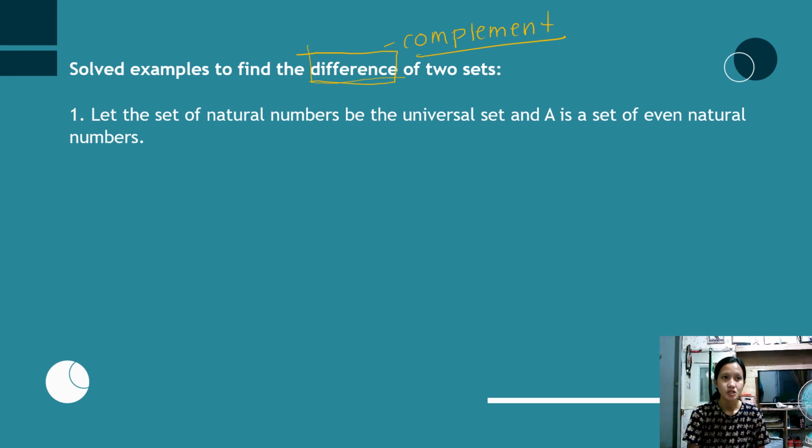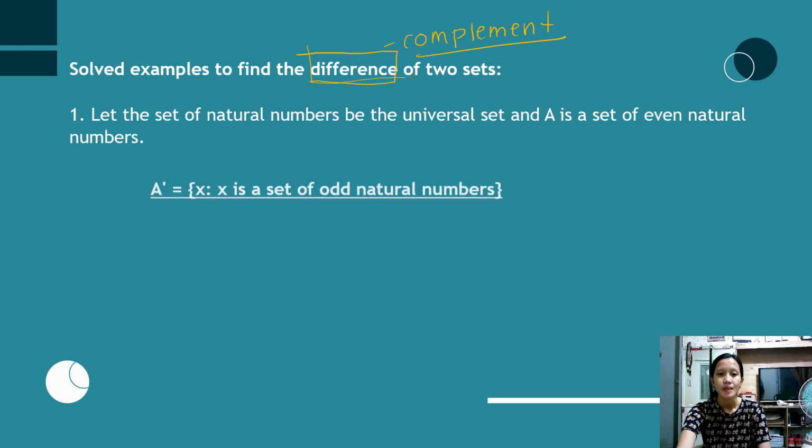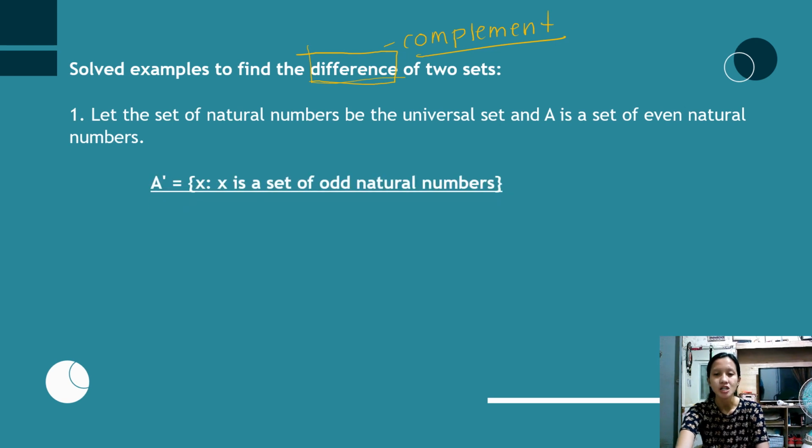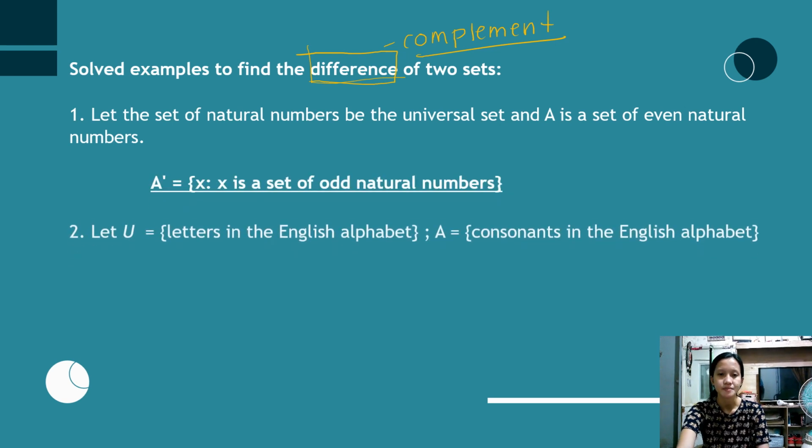When it is the difference of two sets, the first set is given, not the universal set. They are just mother sets, while the others are children of the universal set. For example, let the set of natural numbers be the universal set, and A is the set of even natural numbers. Therefore, our complement of A is the odd natural numbers.